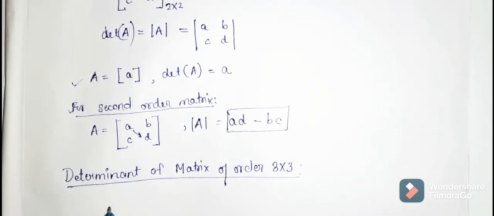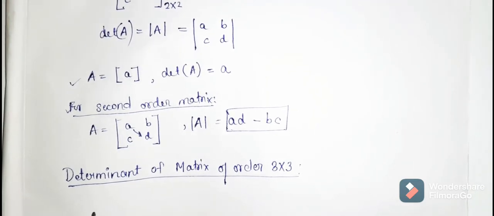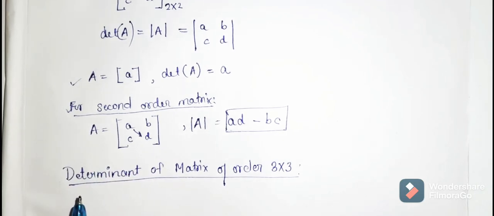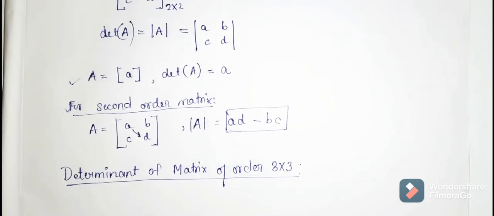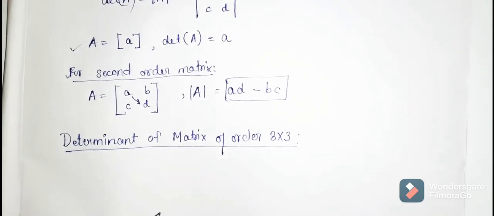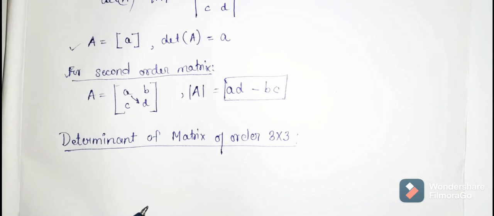Determinant of a matrix of order 3 can be found by expressing it in terms of second order matrices. Means you first have to reduce the third order matrix into second order, then we solve. But it follows some steps how we can reduce the third order matrix to second order matrices.